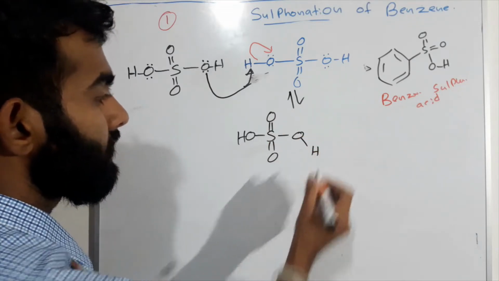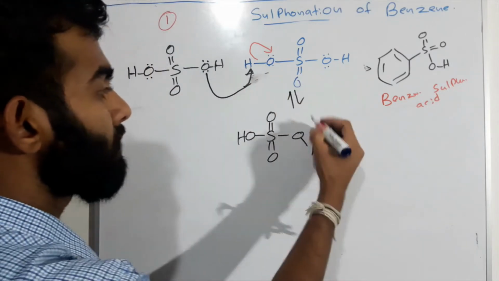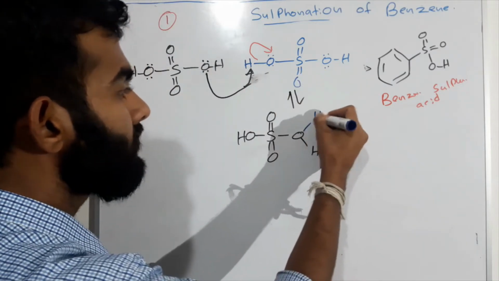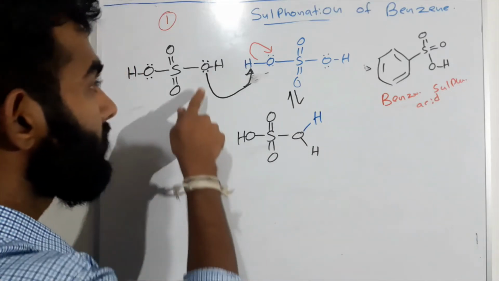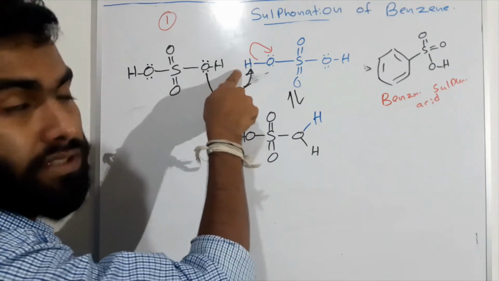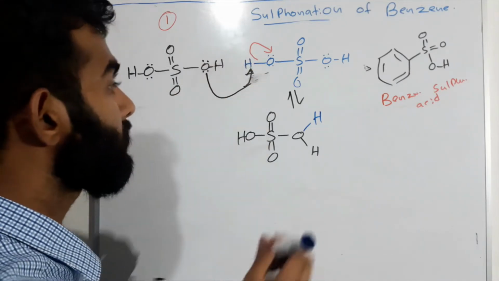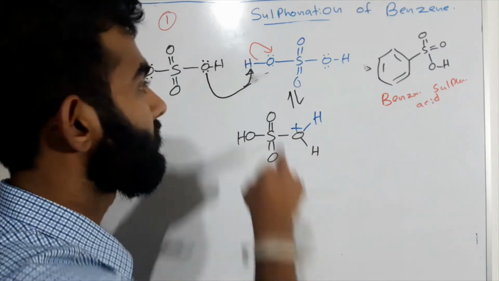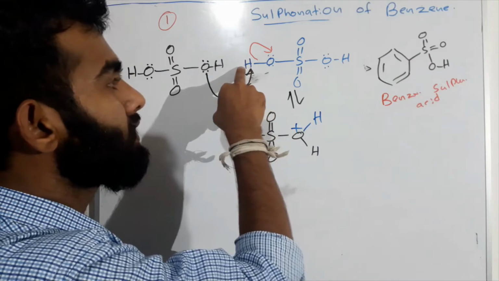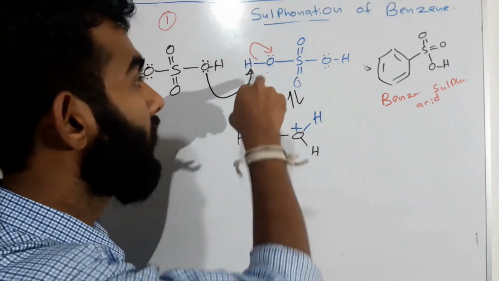Here is its previous hydrogen, and now it contains another hydrogen that came from the other sulfuric acid molecule. This lone pair attacked the hydrogen, meaning this oxygen donated a lone pair, and because of that the oxygen gets a positive charge.